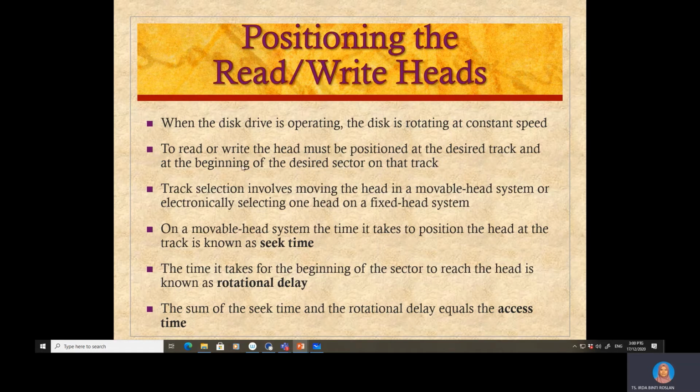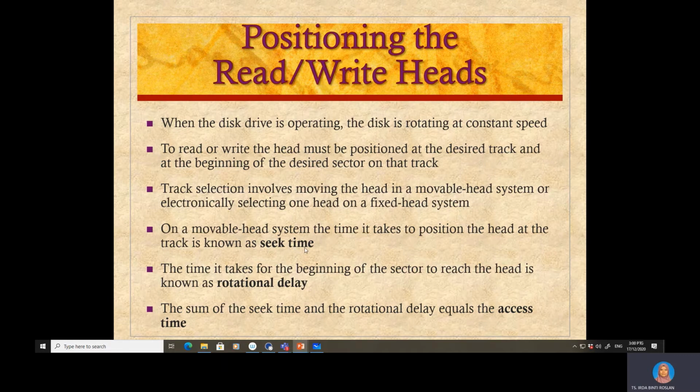To get the beginning of the desired sector is with the help of the rotating disk. If the disk does not rotate, you cannot find the desired sector. Track selection involves moving the head in a movable head system or electronically selecting one head on a fixed head system.